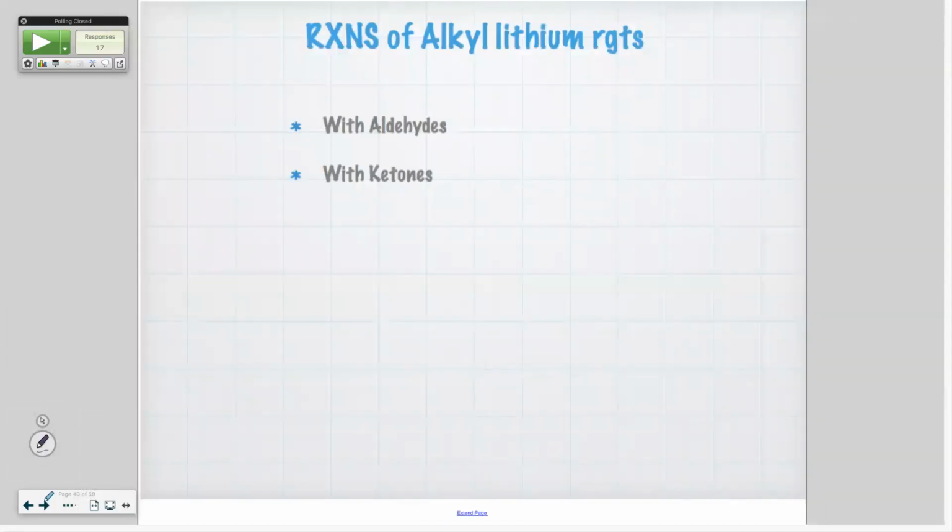Alkyl lithium reagents, do you remember what they were? It's been a while. There was a test in there and everything. What are alkyl lithiums? They are attached to a lithium, an Li. And what do you know about the C-Li bond?